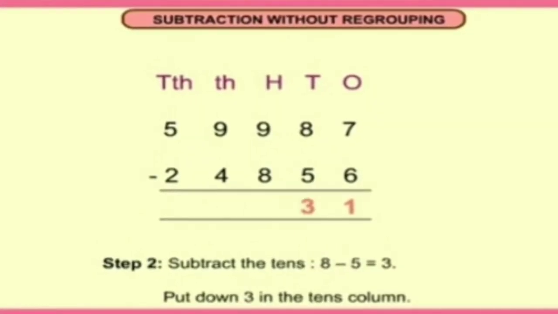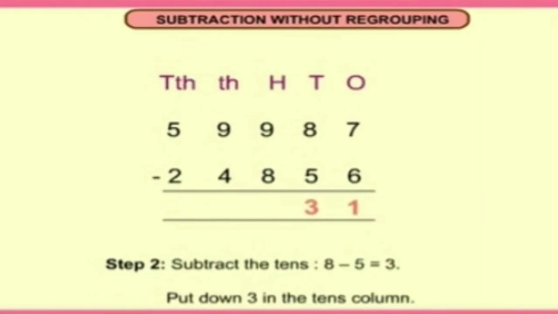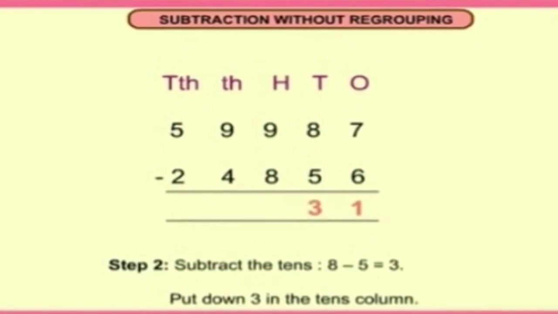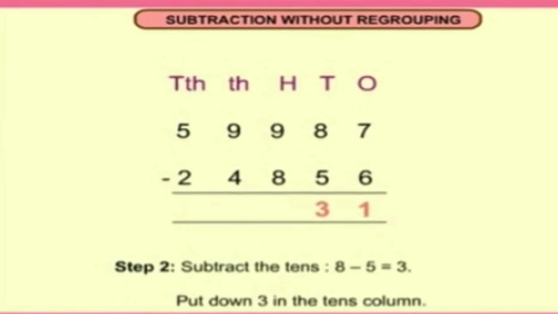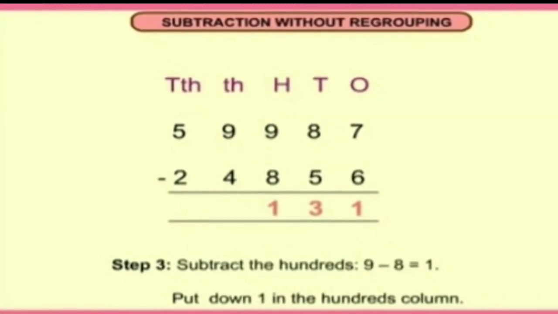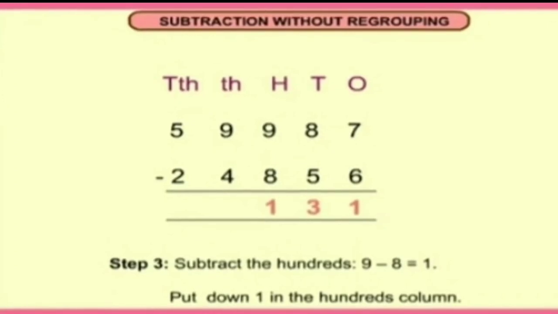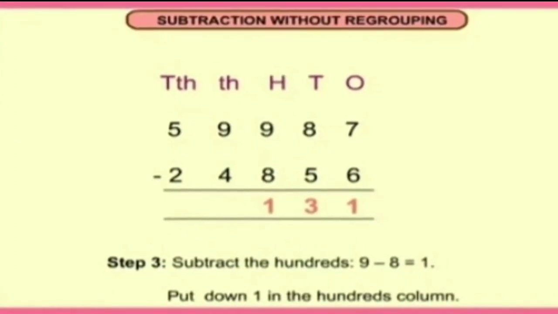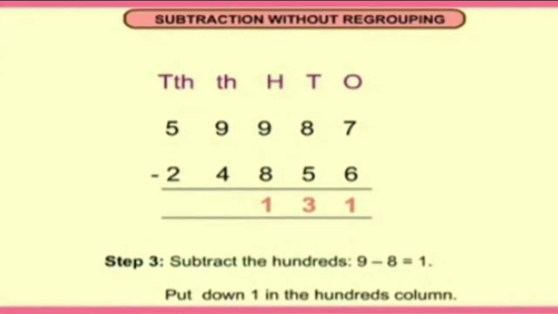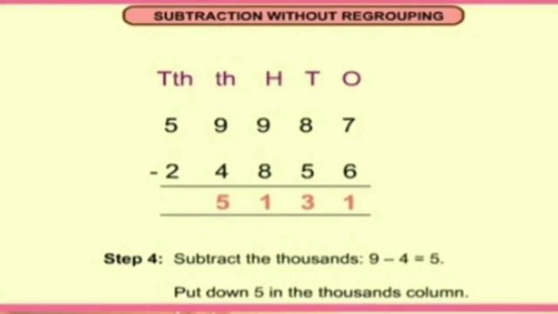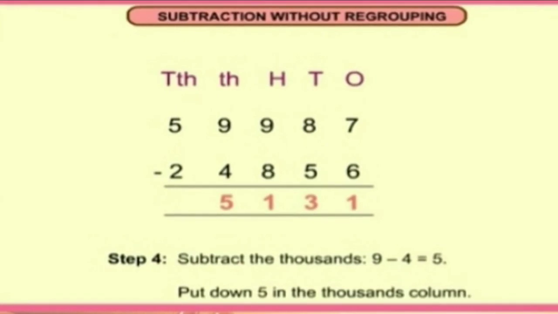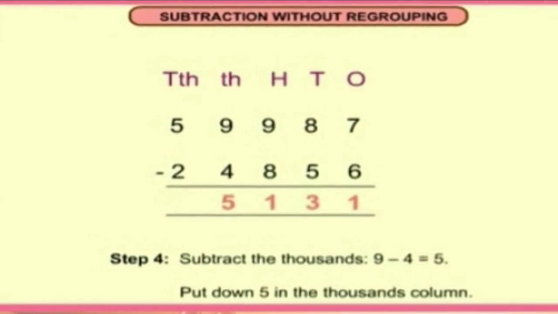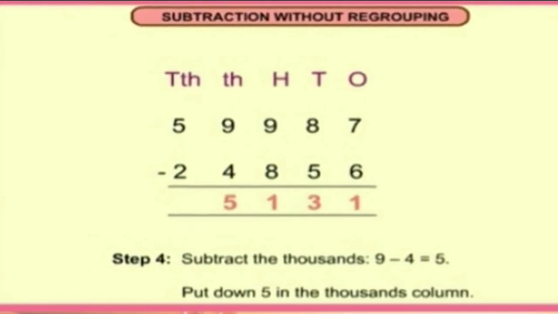After that, step 2 is to subtract the tens digit, that is 8 minus 5 is equal to 3, and put down 3 in the tens column. After that, step 3 is to subtract the hundreds digit, that is 9 minus 8 is equal to 1. So put down 1 in the hundreds column. Next, step number 4 says to subtract the thousands digit, that is 9 minus 4 is equal to 5, and put down 5 in the thousands column.